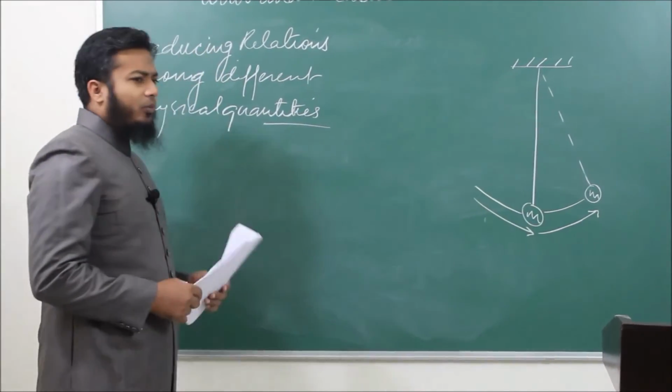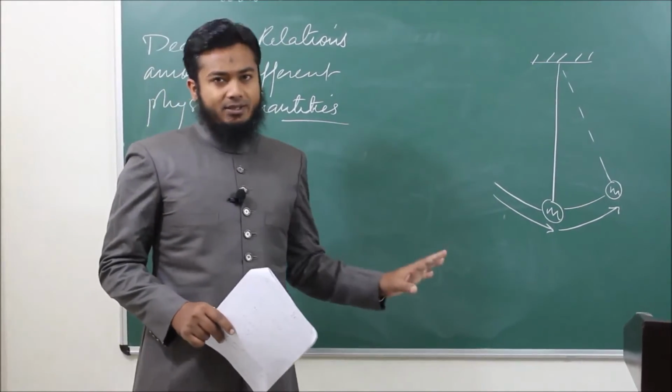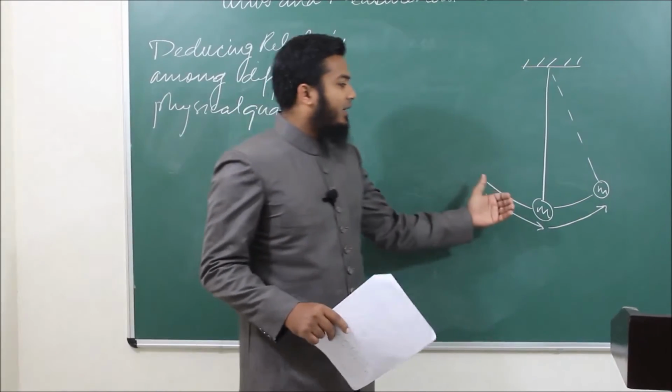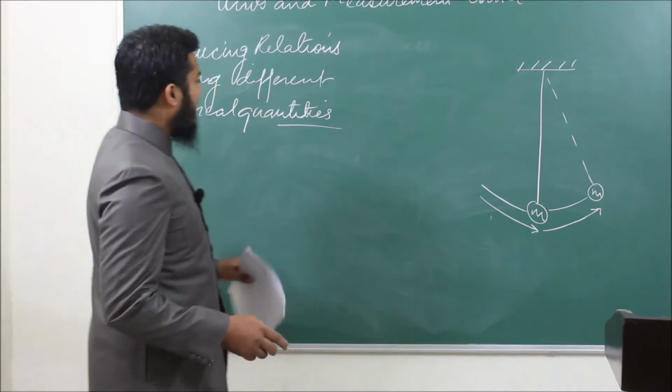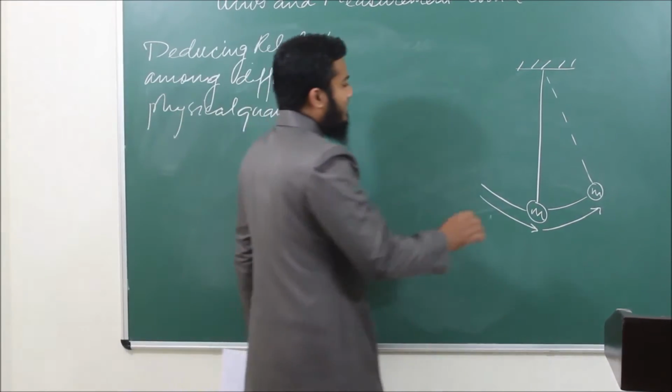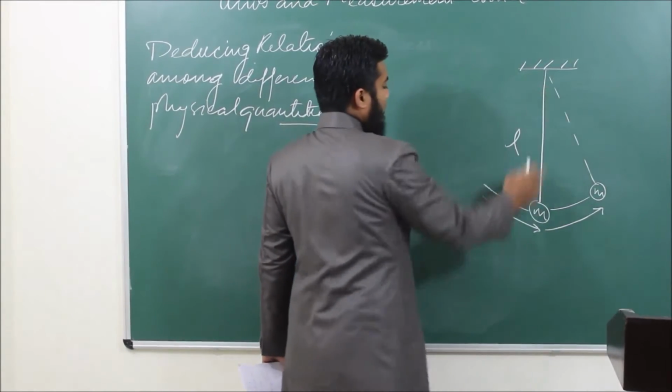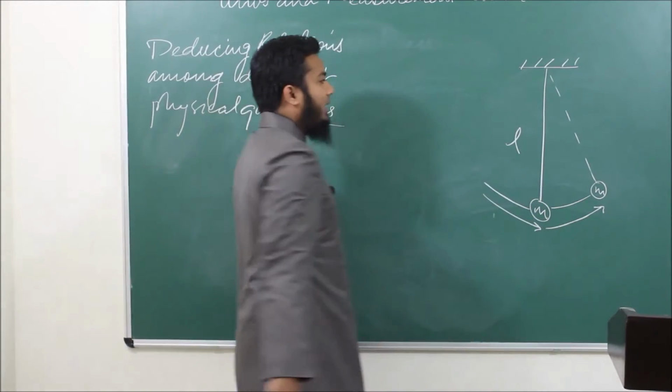Okay, so we will start from a pure guess. We will guess the time period depends on certain quantities. We don't have any other information. So let's say this is the length, from this point to this point, the center of the bob, is the length of the pendulum.